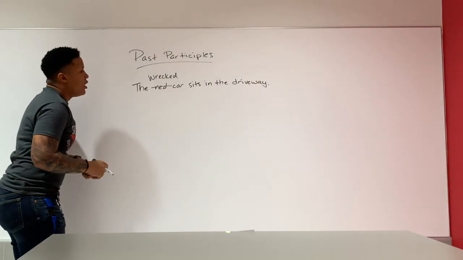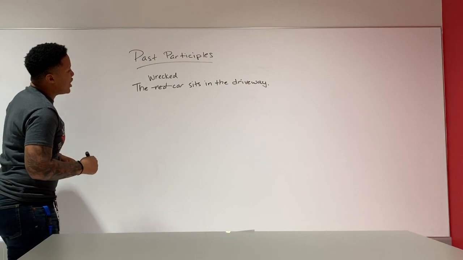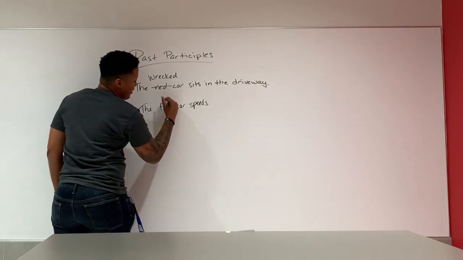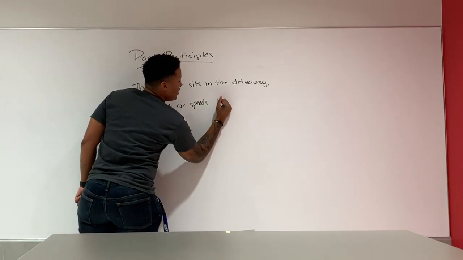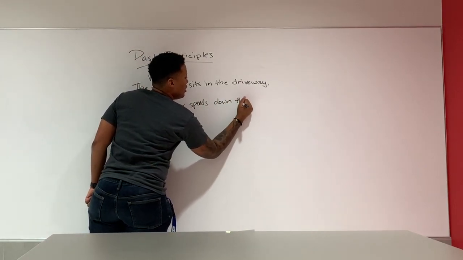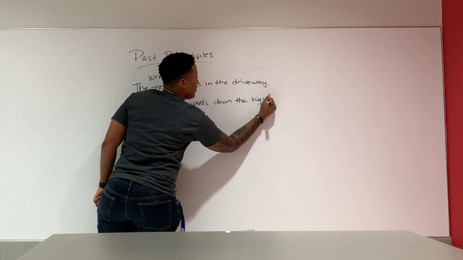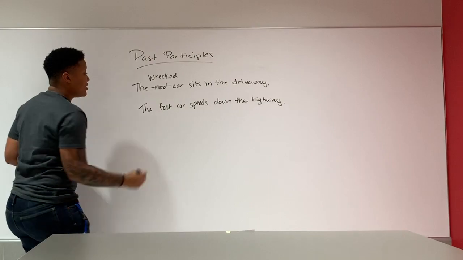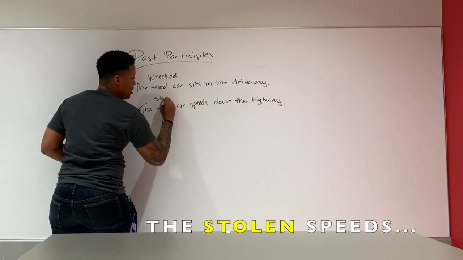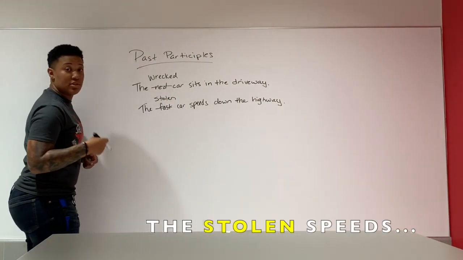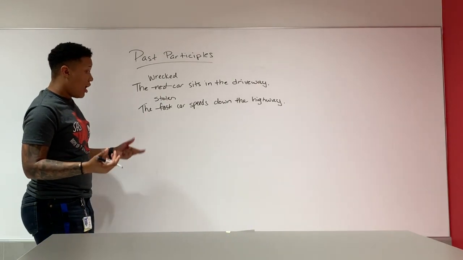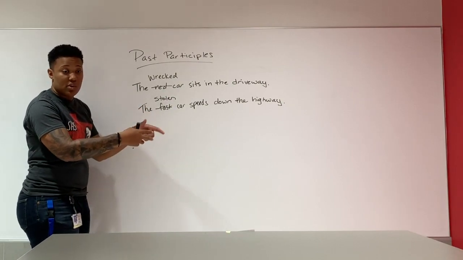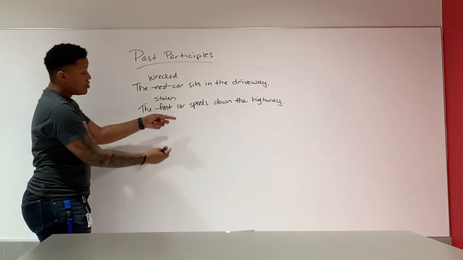Make sense? Let's try another car version. So we could say the fast car speeds down the highway. And instead of saying fast, we could say the stolen car. And remember, this is a verbal, so it comes from a verb, and because it's a participle, it's functioning as an adjective. So stolen comes from the word steal, which is a verb, and it's describing the car.